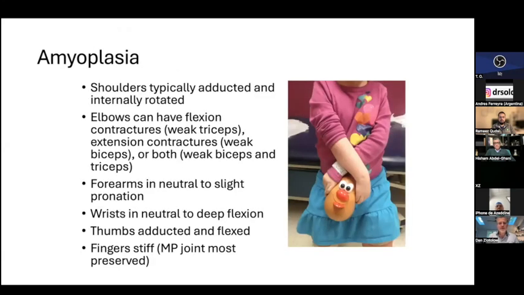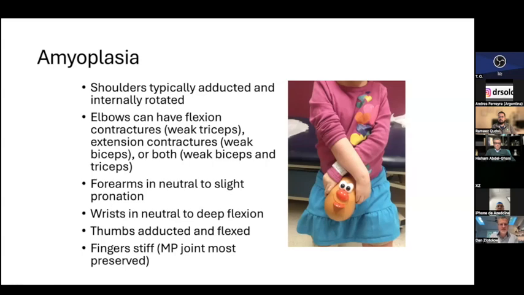So I really want to talk about amyoplasia, because I think to lump arthrogryposis into one group is a disservice to patients with amyoplasia who have a very specific disease. The shoulders are typically adducted and internally rotated. The elbows can have flexion contractures, usually from weak triceps, and extension contractures from weak biceps or both.